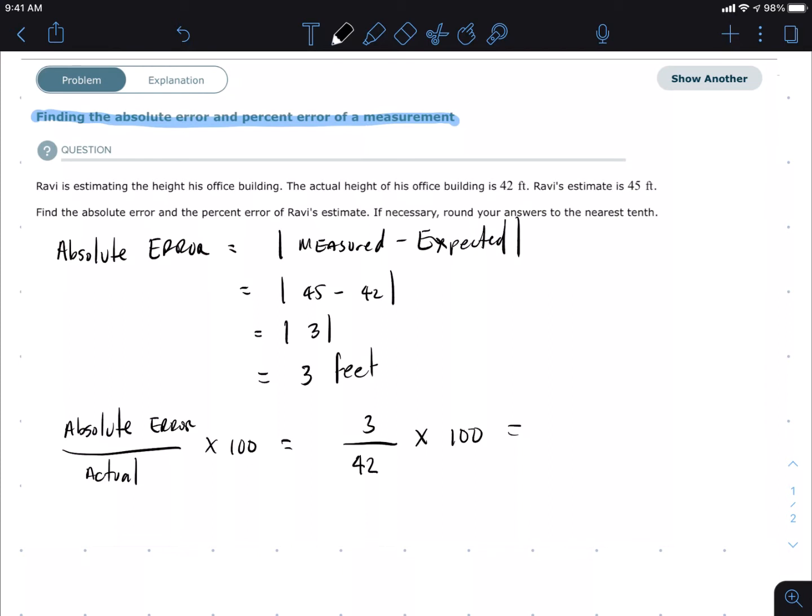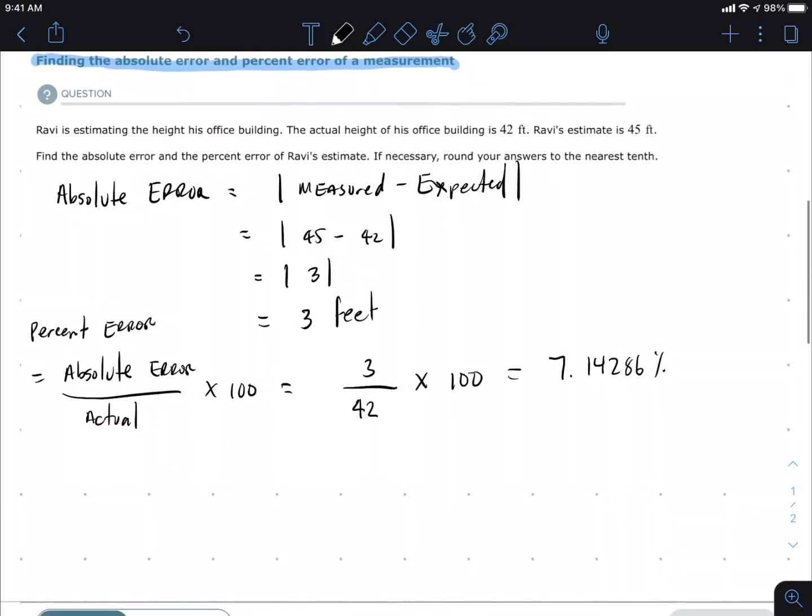And so his percent error, I should have put that, percent error ends up being 7.14286%, but we usually don't write it that much. We could go with 7.14%. Now, notice something about relative error. Does relative error tell us if he was overestimating or underestimating?